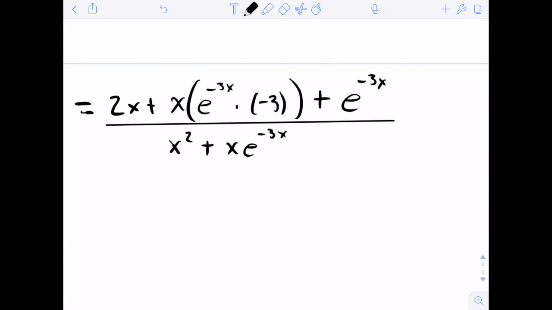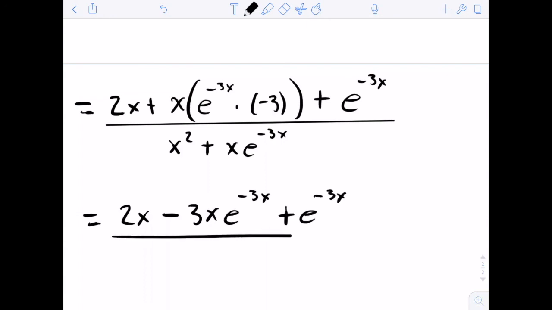Then I'll just bring the negative 3 over here. So this is 2x minus 3x e to the negative 3x plus e to the negative 3x, divided by x squared plus x times e to the negative 3x. And that's it. That's the derivative of that one.